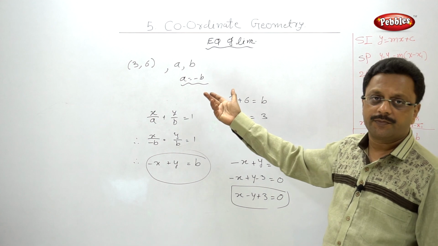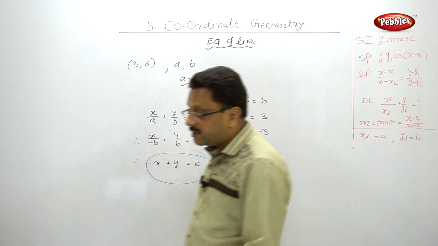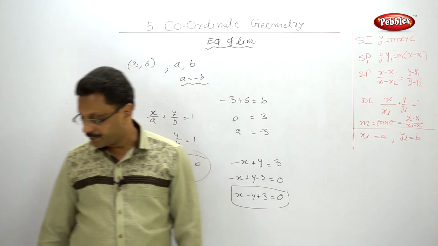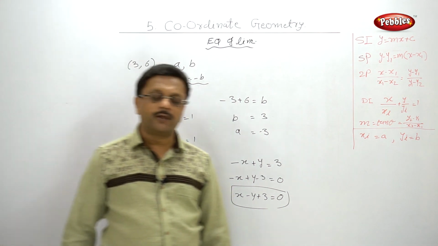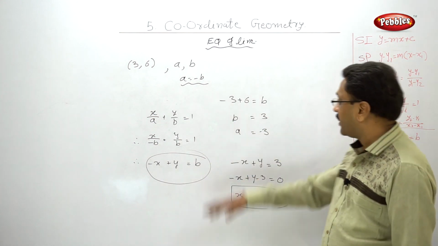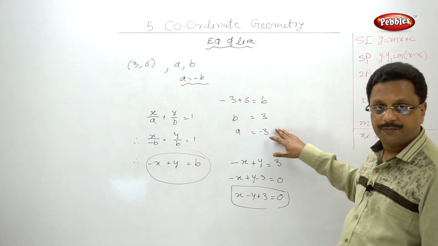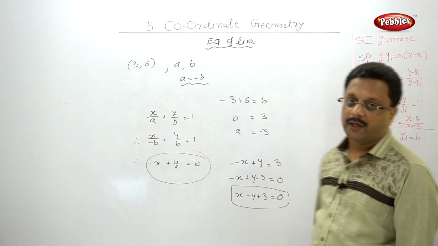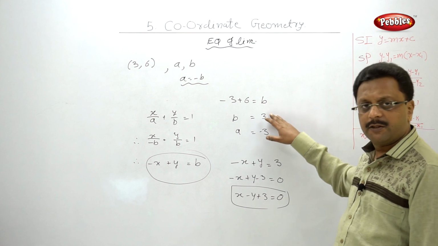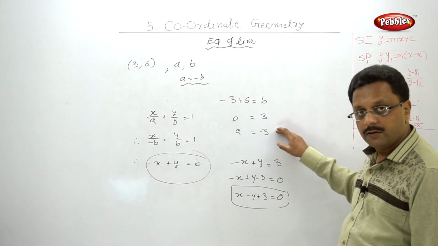Now in this case they have not asked to find both the intercepts. It is not actually required to find the a here, but better if you can find the a. Okay, write both. y-intercept is this, so x-intercept is this.